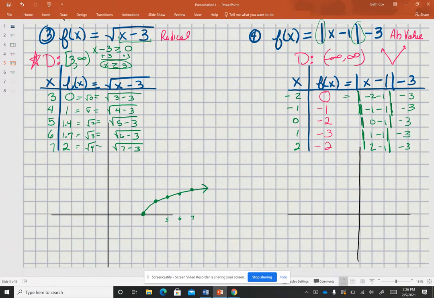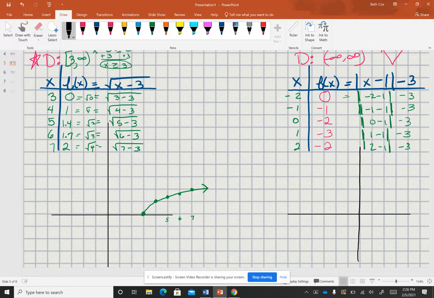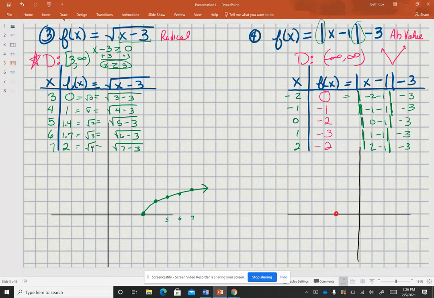That's my first point. Let's put that on here. Let's pick a good color. Red. Negative 2, 0 is here. Negative 1, negative 1 is here. 0, negative 2 is here. 1, negative 3 is here. And then 2, negative 2 is here.